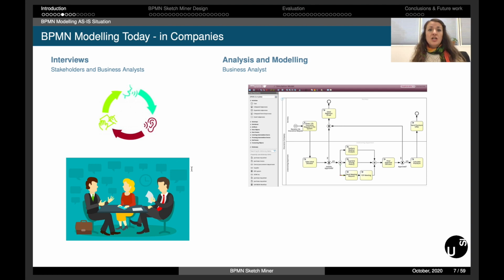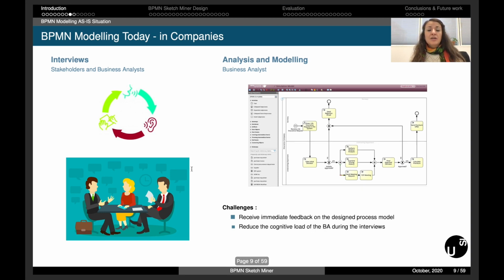The challenge, if the model is prepared after the meeting, is that the feedback cycle gets longer, while the challenge, if the model is prepared during the meeting, is the increase in the cognitive load of the business analyst, who needs to basically figure out the correct control flow of the model, but also the optimal layout of the graph as the discussion is progressing.